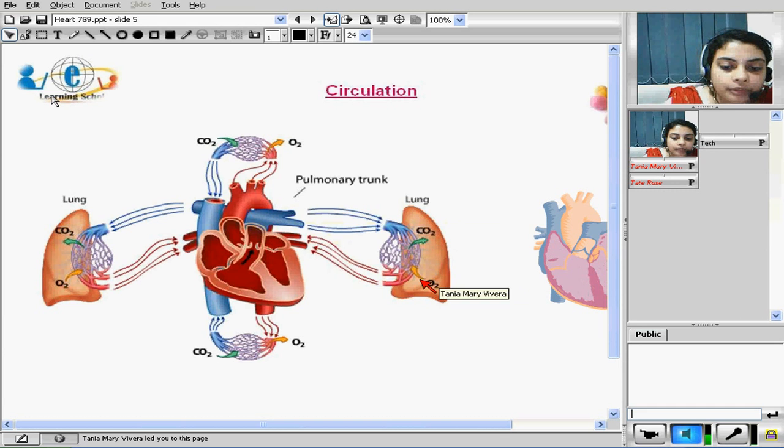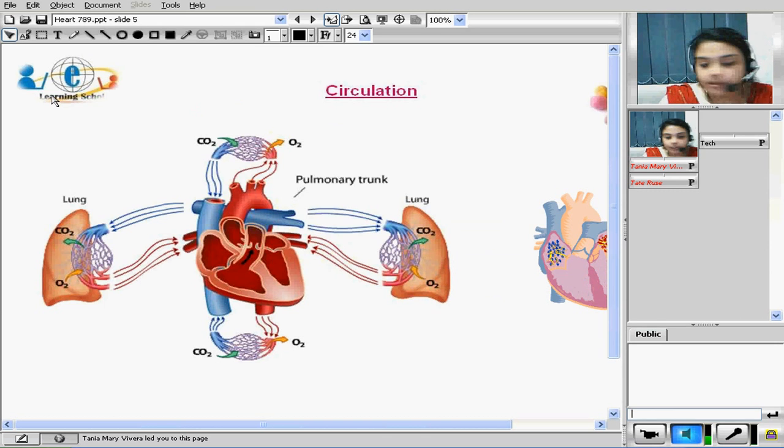After the purification, the pure blood is taken to the left chamber of the heart. And from there the pure blood is distributed to the different parts of the body. So impure blood comes in, gets purified in the lungs, and then the pure blood is again distributed to the different parts of the body.